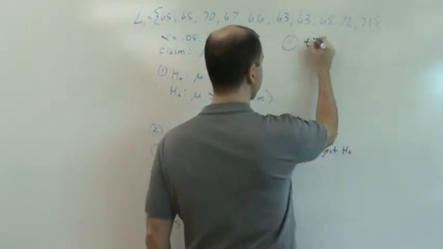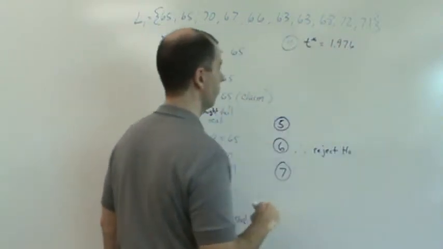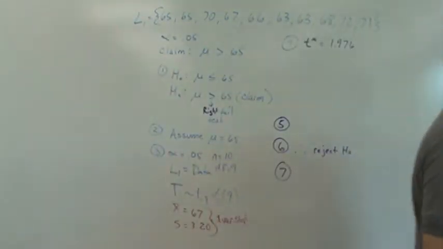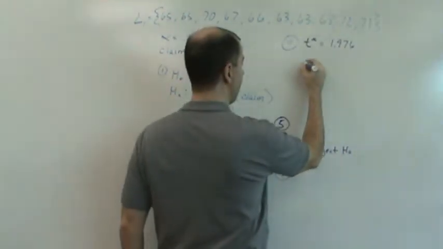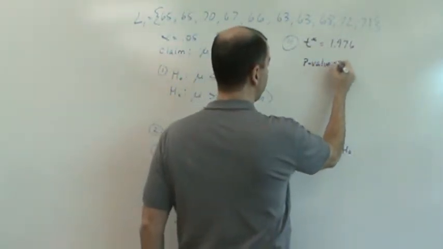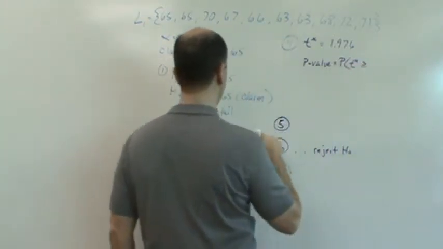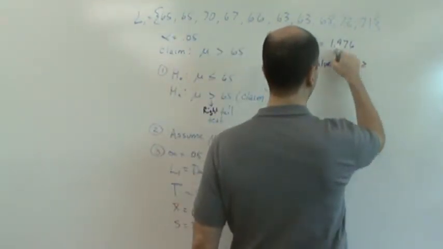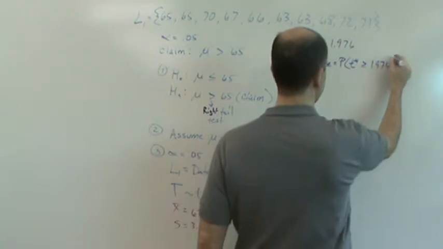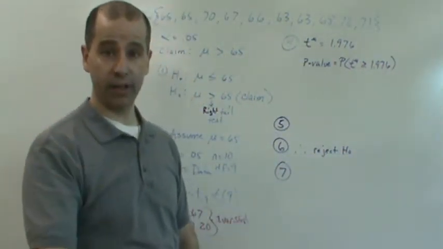We're going to use the fact that we found t-star, and t-star was 1.976, or 978, I believe. No, 976. Okay, good. So here's our t-star. Now the p-value is going to be the probability that t-star is greater than or equal to 1.976, since it's a right-tailed test. Again, what's the probability of having as extreme or more extreme than the value that we got?